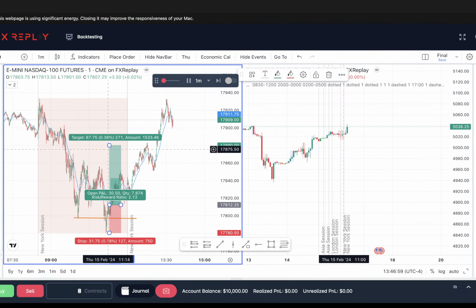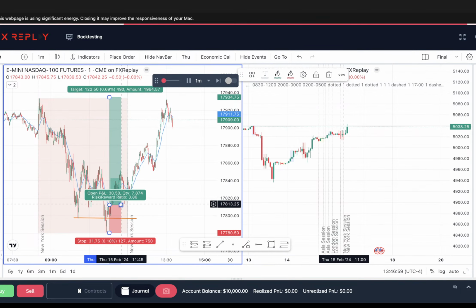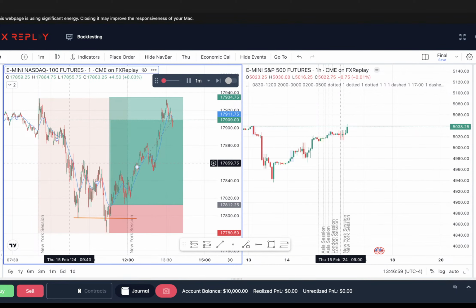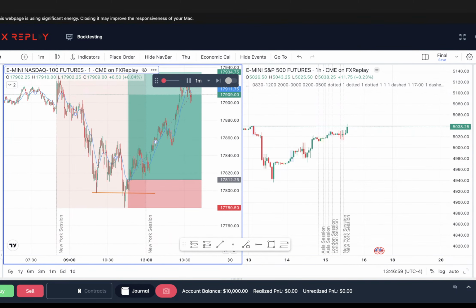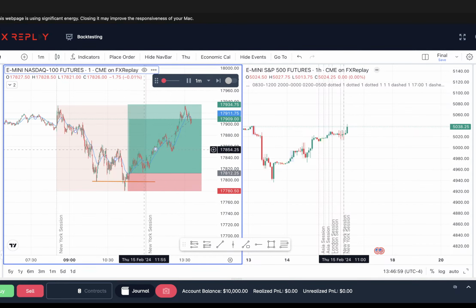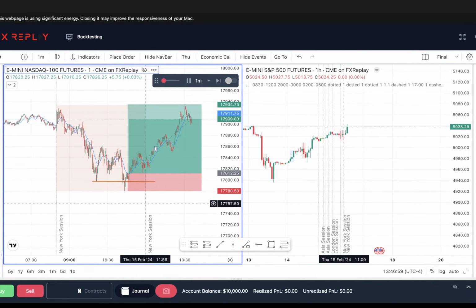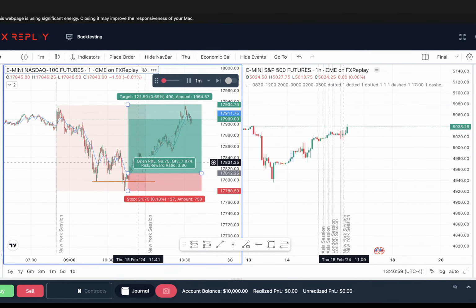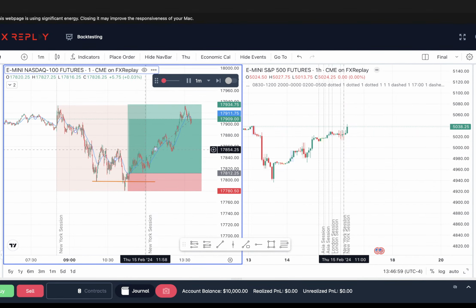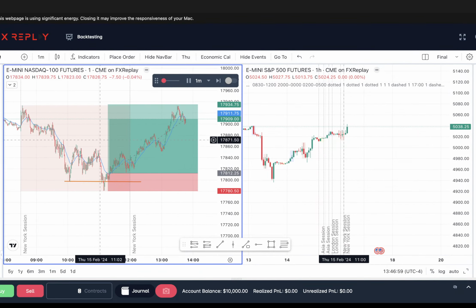I think it wound up going all the way to the other side for a beautiful market maker buy model. Beautiful trade. Obviously, like this, I won't need that giant 62 ticks, because I don't even think this is 62 ticks. I think it's 31 ticks and then 90 ticks up or something like that. But you'll know when you trade.